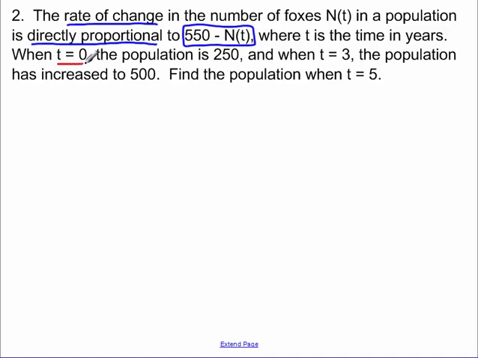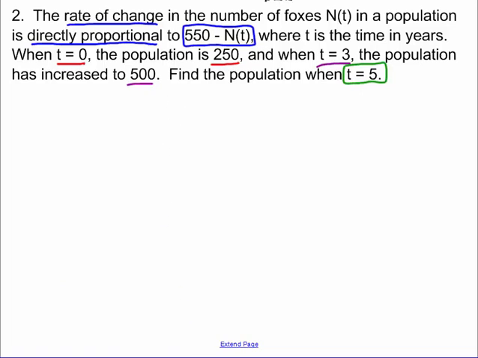When t equals 0, our population is 250. And when t equals 3, the population increases to 500. And we need to find our population when t equals 5.